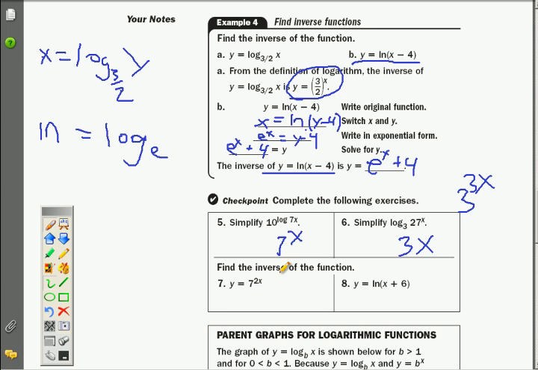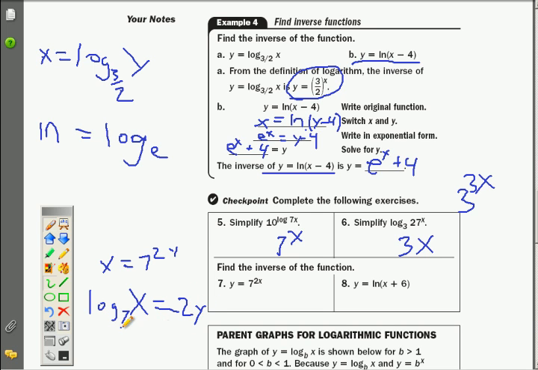Find the inverse of this, so I flip-flop my x and my y. If I get x equals 7 to the 2y, wow, remember we didn't have the skills to do that before, but now we do. Now we know I can do log base 7 of x, that's going to equal 2y.